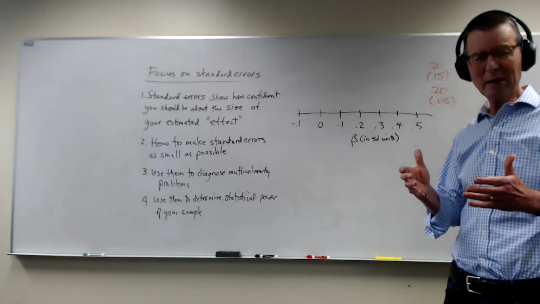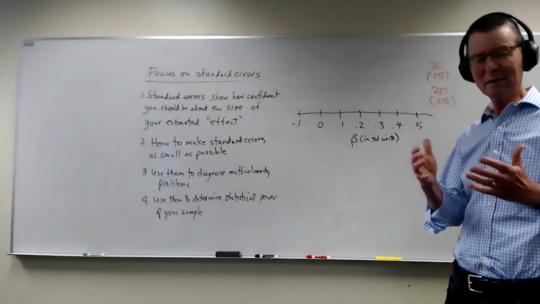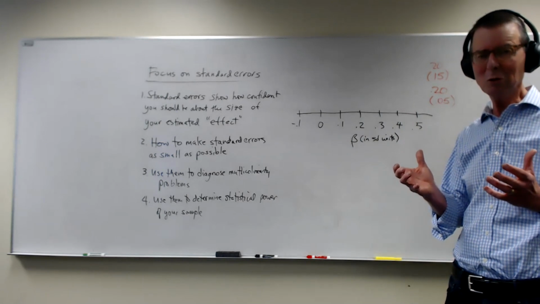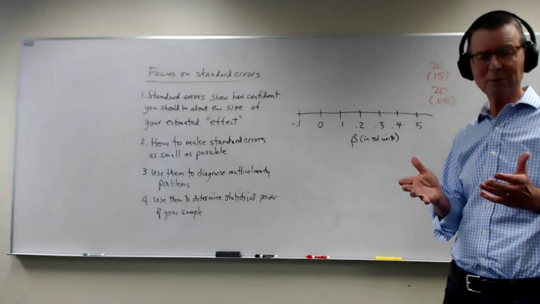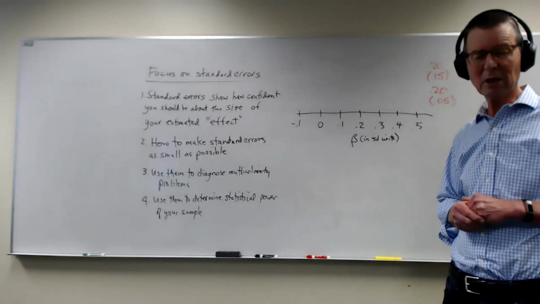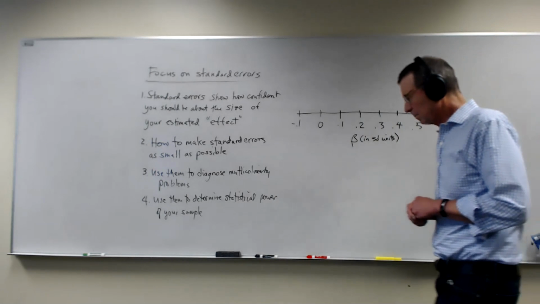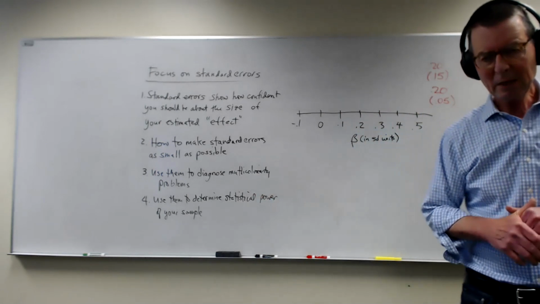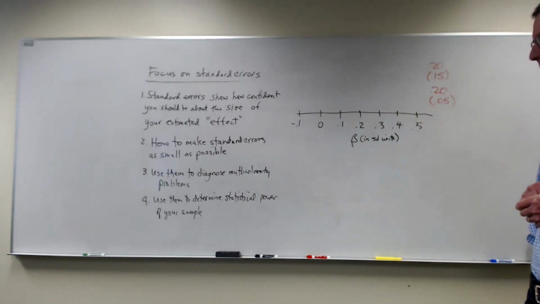And if your sample size doesn't enable you to detect an effect size of, let's say, less than half a standard deviation, which is a huge effect size, then it's not a very useful sample. So you should be shopping around for other, larger samples. So the standard errors can be used to determine that. So that's my agenda here. And let's start out with the first item on the agenda.